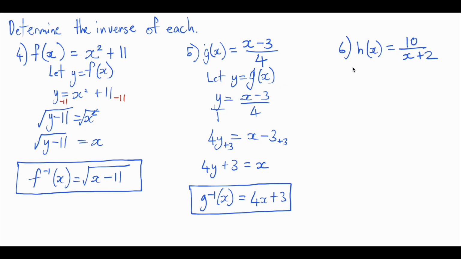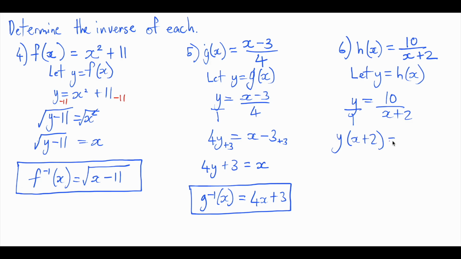Now with this one here now, same thing. Let y equal h of x. And we could say y is equal to 10 over x plus 2. Put this over 1, so we could cross multiply once we see it as a fraction. So y times x plus 2 is equal to 10 times 1, which is 10. y times x, xy. y times 2, 2y. So now we subtract 2y from both sides. So this will cancel.